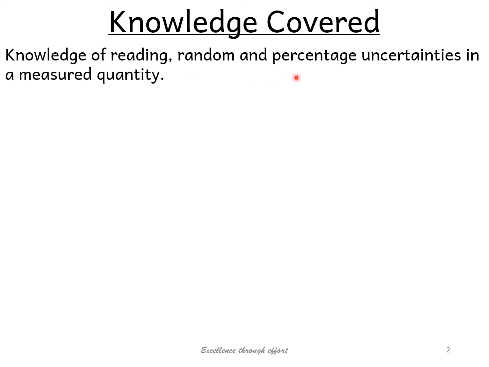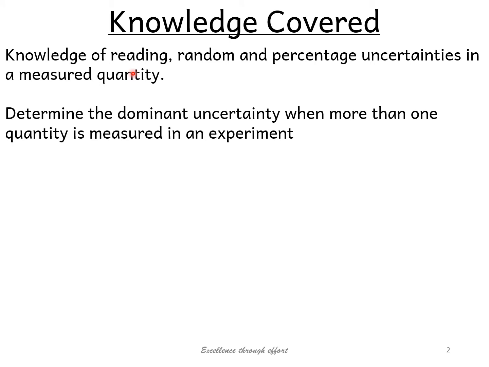I would also expect you to be able to convert absolute uncertainties into percentage uncertainties. And the other thing I would expect you to know is how to give the reading uncertainty if a meter is digital or analog. So those are very basic things I'd expect you to be able to do.